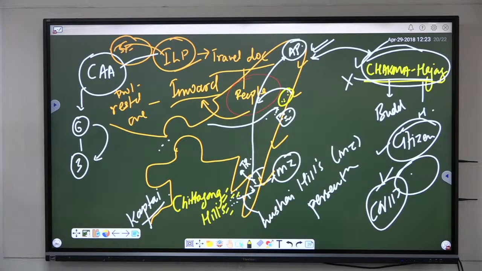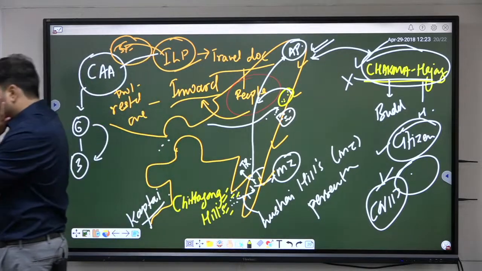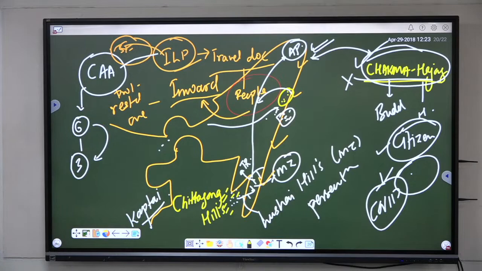Next point. Chakmas, in bracket write Buddhist by faith, bracket complete. Faced religious persecution along with Hajongs, who were Hindus.